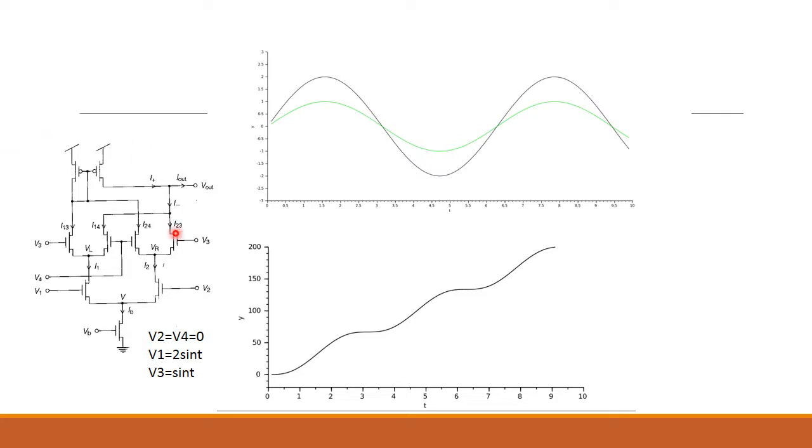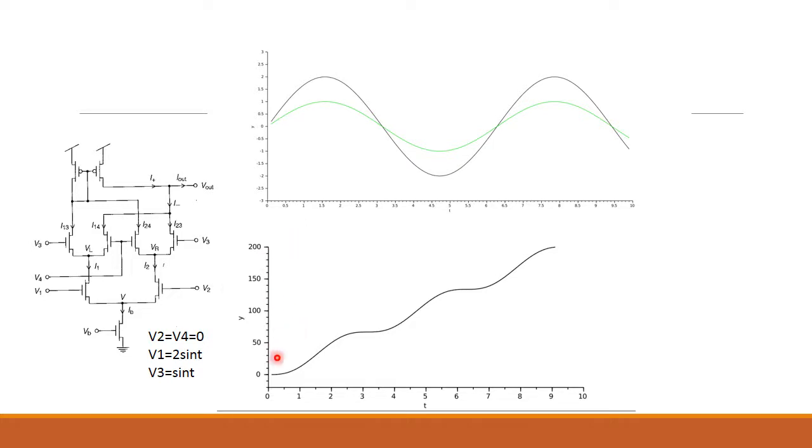As we can see, we're giving the inputs as follows. V1 is 2 sine t, V3 is sine t, the green graph, and V2 and V4 we're taking as 0.